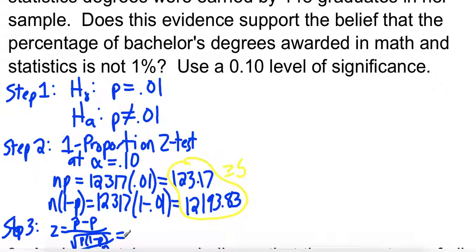So she found 148 out of the 12,317, minus p, which is 0.01, over the square root of 0.01 times 0.99 divided by, I apologize for this, the 12,317. You guys can figure this out.